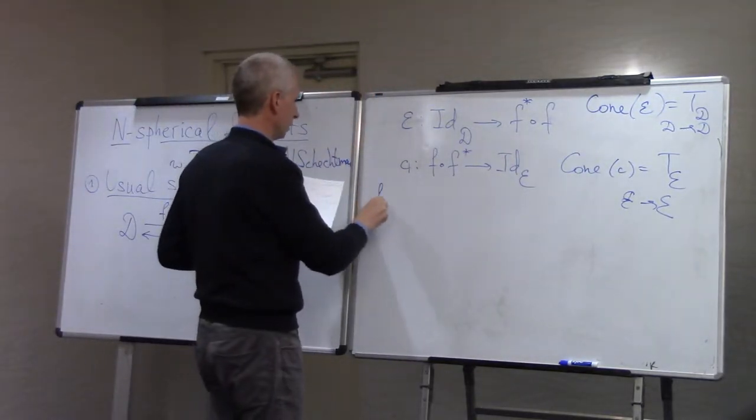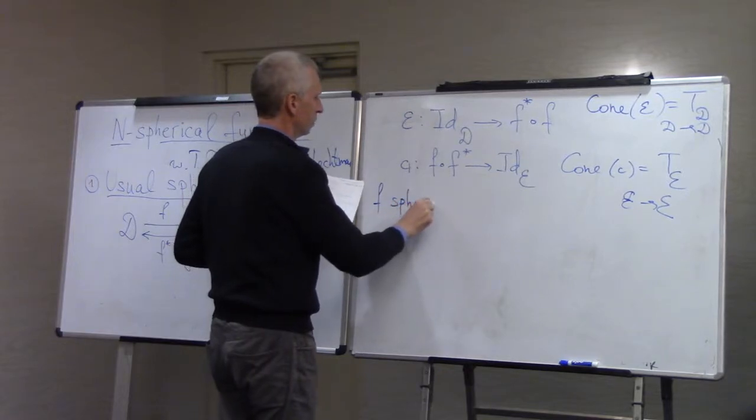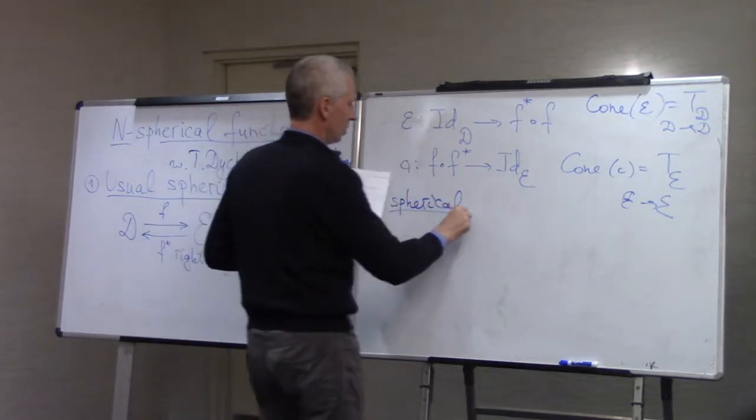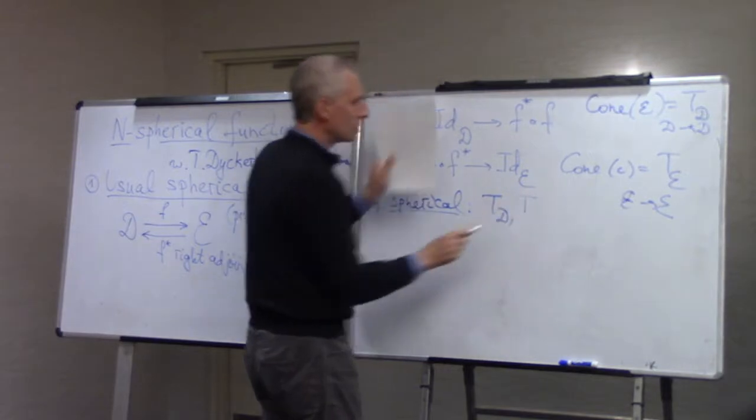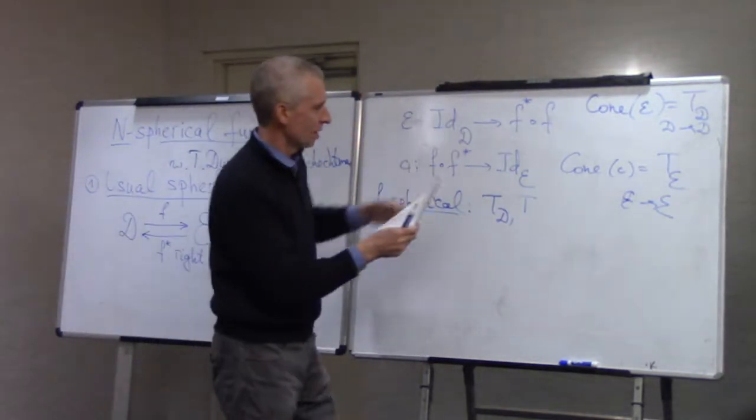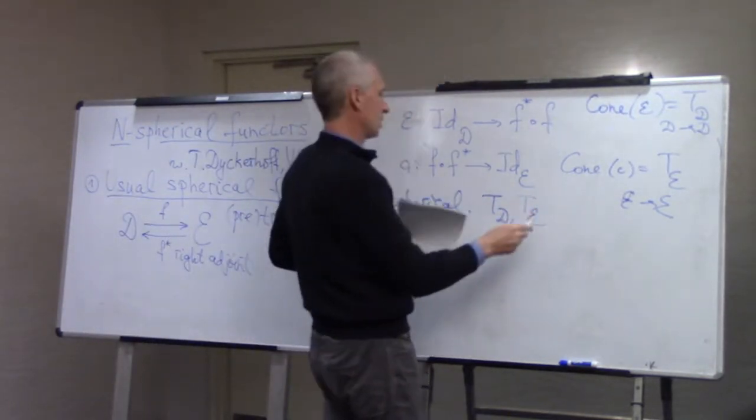F spherical means T D and T E are equivalences. It's not completely precise, there are some other conditions, but let me put it like this.